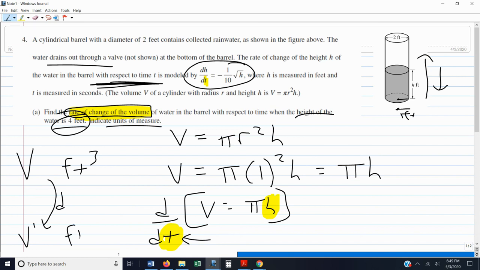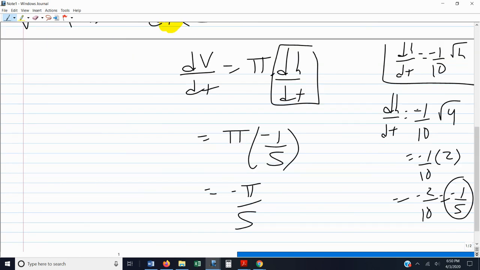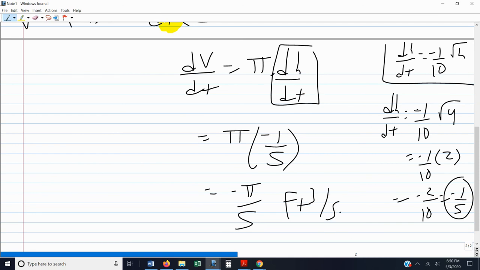When you take the derivative, you're always dividing by a unit. So I knew it was seconds from the question telling us that time was measured in seconds. So if volume is feet cubed, the derivative is going to be feet cubed per second, because we always divide by a unit when we take a derivative. So I'm going to write feet cubed per second.